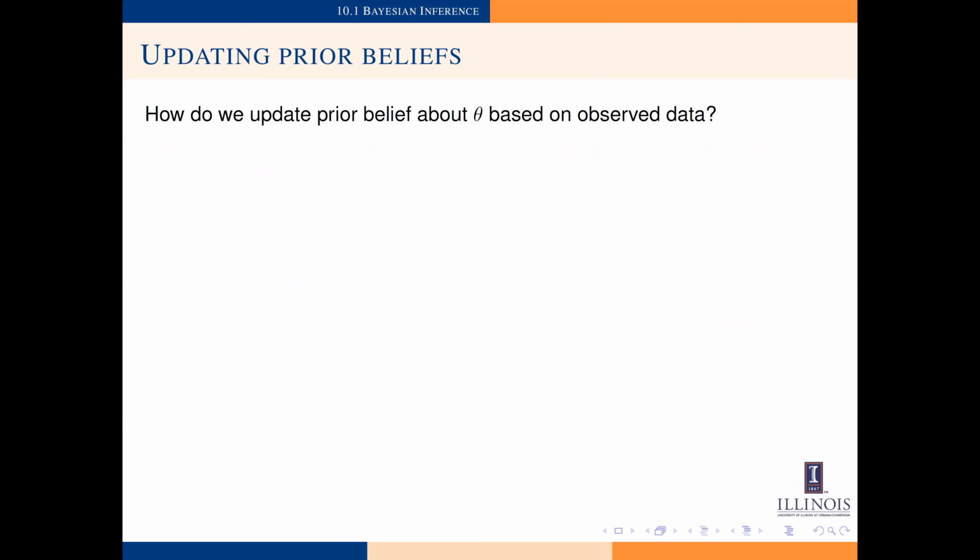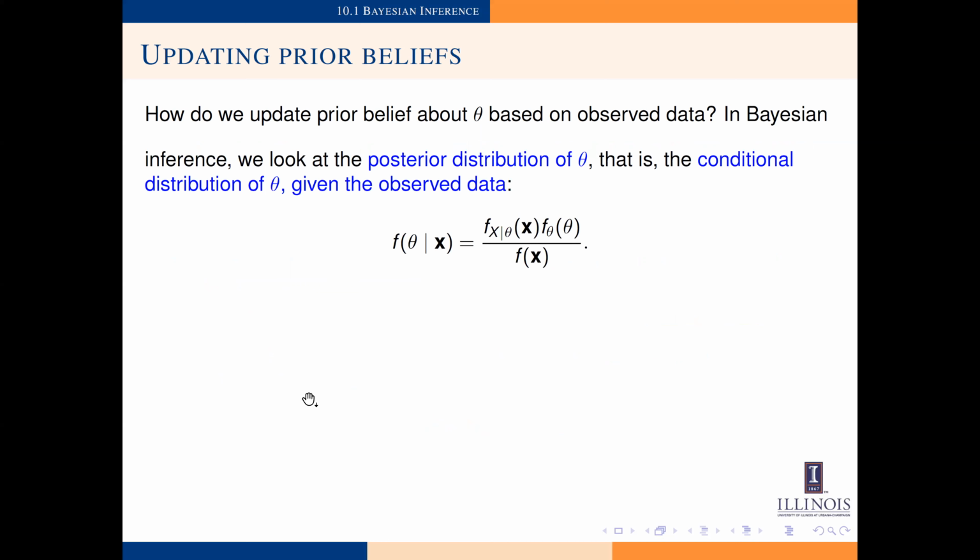So how exactly do we update prior belief about theta based on our observed data? In Bayesian inference, we look at the posterior distribution of theta. In other words, the conditional distribution of theta given the observed data.